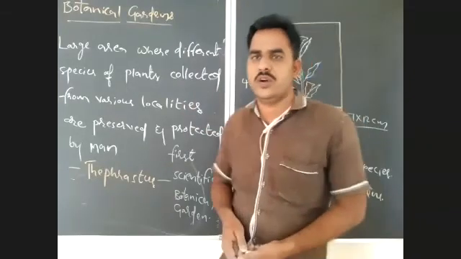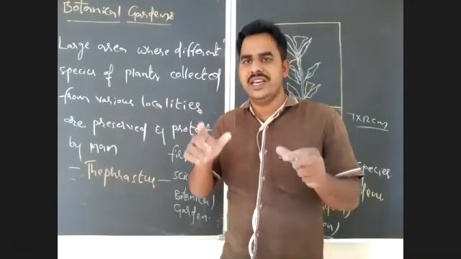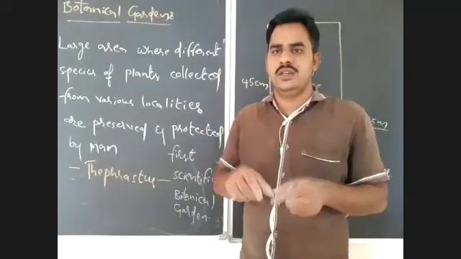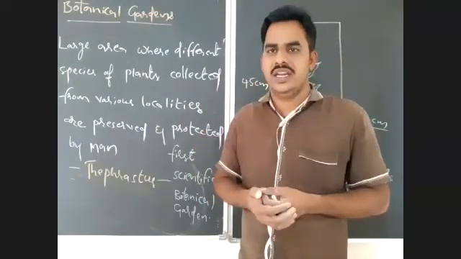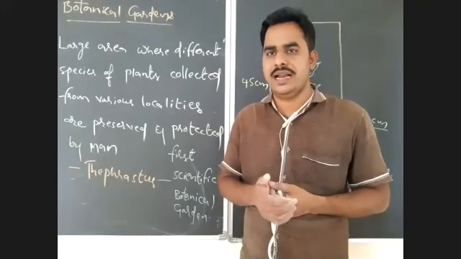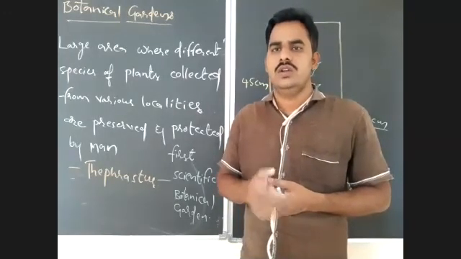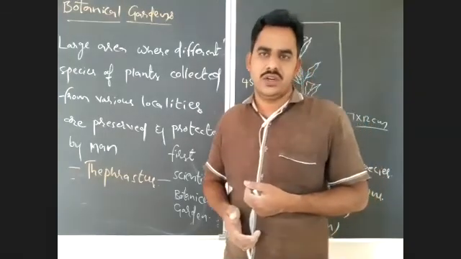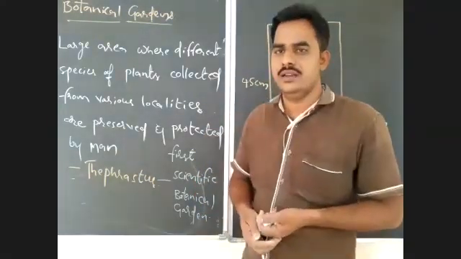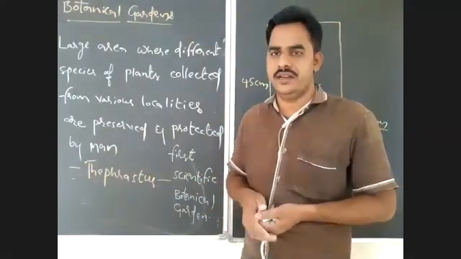If you go to a botanical garden, for every tree or plant there is a board hanging. On that board there is information about the classification of that particular plant, and also its important uses, if there are known uses.